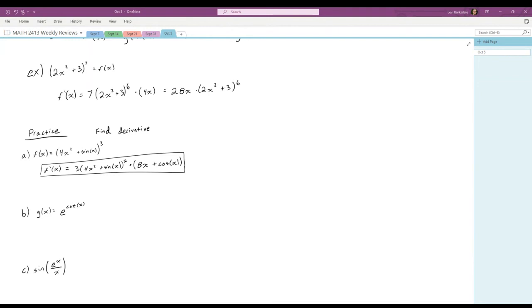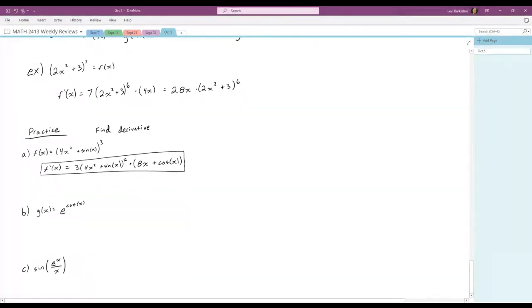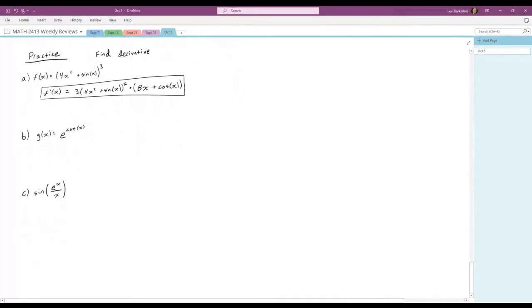All right, for part B, what did y'all get? All right. Negative cosecant squared x times e to the cotangent of x. Perfect. So again, this is the chain rule. It's a bit different, but our base function is e to the x.